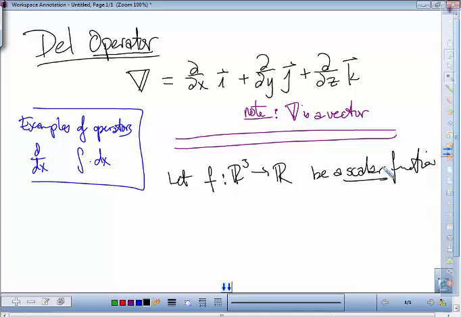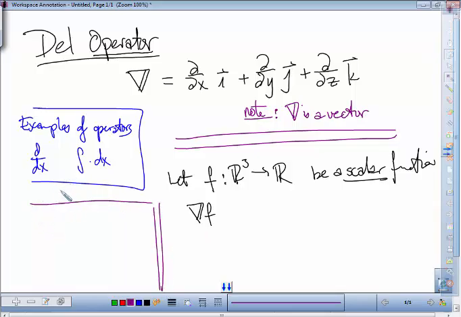Now, this notation that we've used before looks like we're combining a vector, the del operator, and a scalar f, right? And so how do we deal with an operation like that?